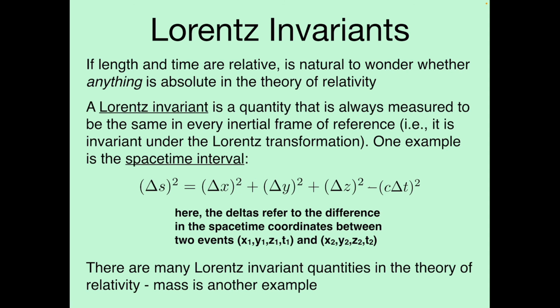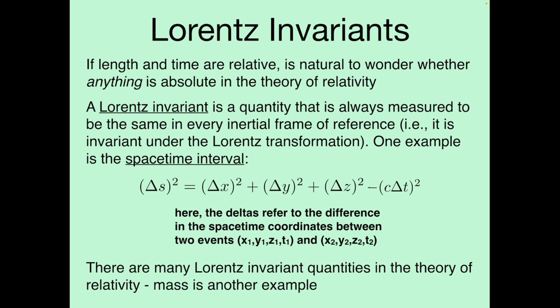So that brings us to Lorentz invariants. This is something we're not going to dive super deep into, but I do want to give you some sense of it. If you study relativity after this class at the university level, you'll learn a lot about Lorentz invariants. And the motivation here is we've seen all sorts of things like length and time that we used to think were absolute, but actually are relative.